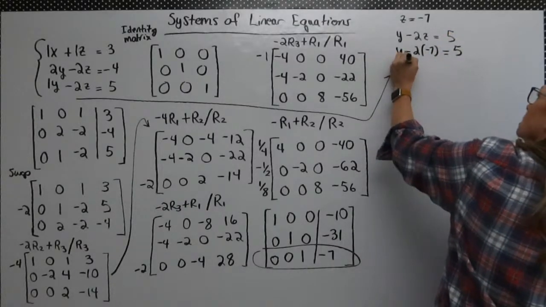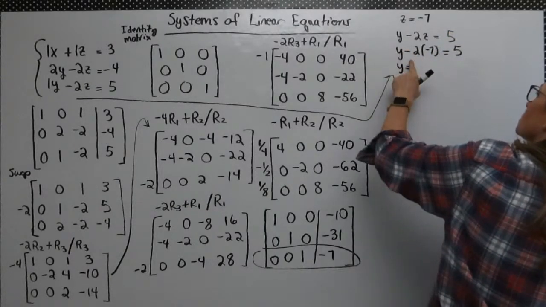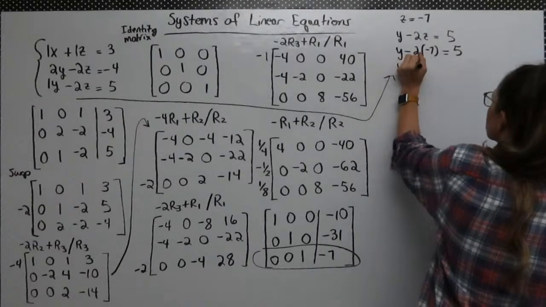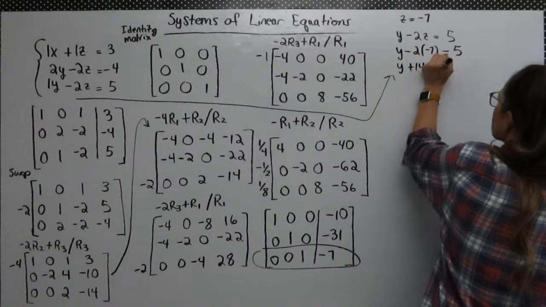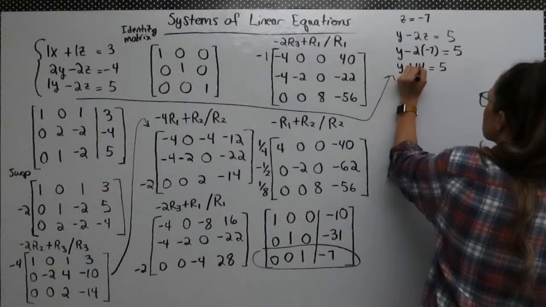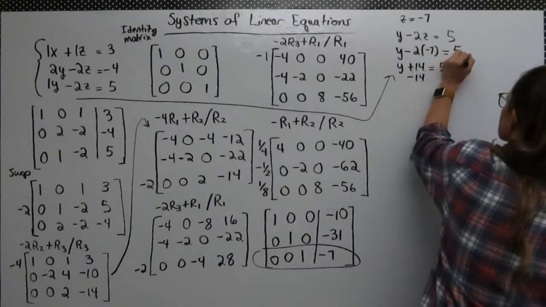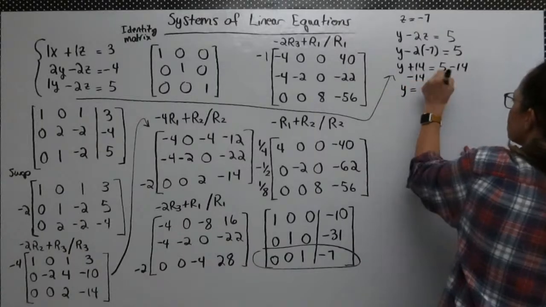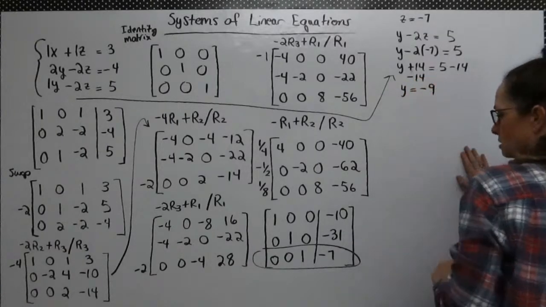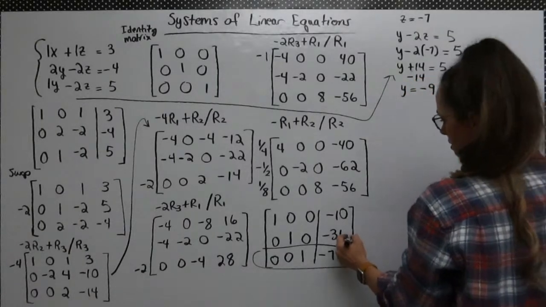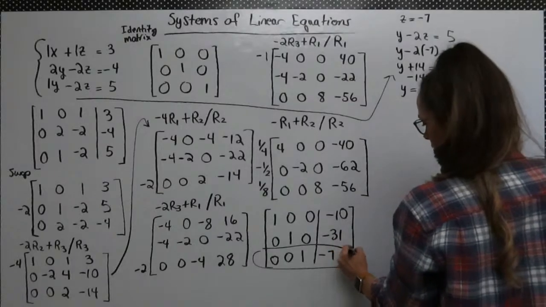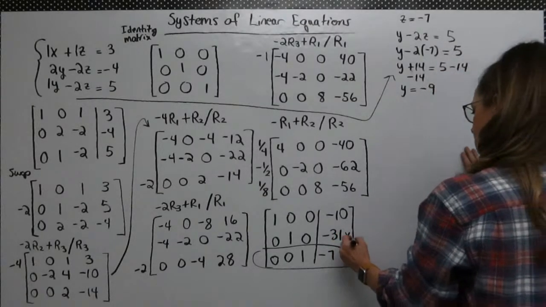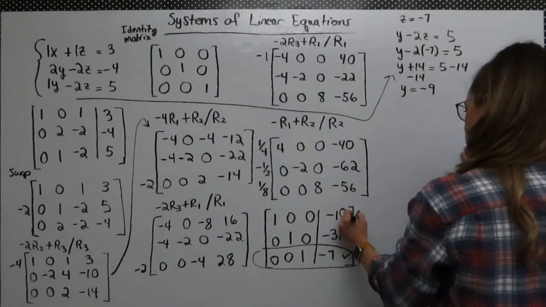So Y is going to equal, let's see, 2 times 7 is 14, so Y plus 14 equals 5. We subtract 14 from both sides. Y equals 5 minus 14, which is -9. So Y is not correct. This is correct, this is not correct, and this one is not correct.